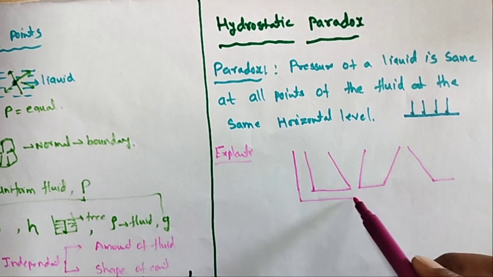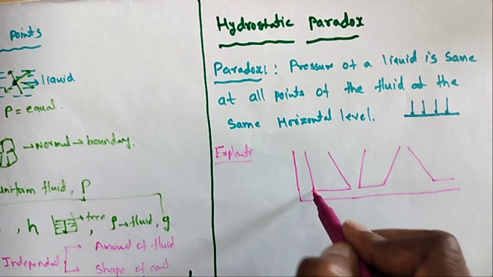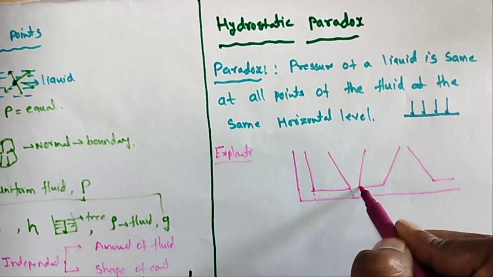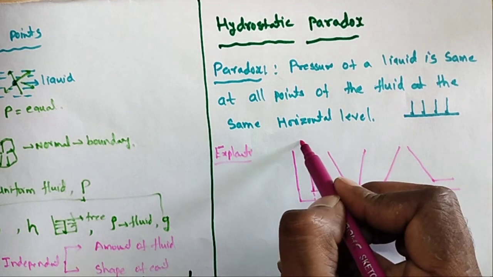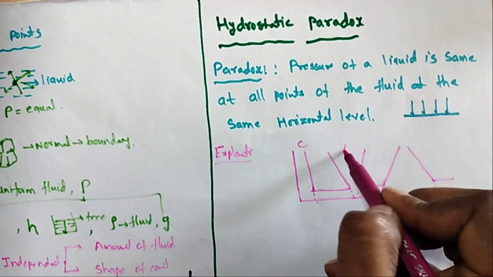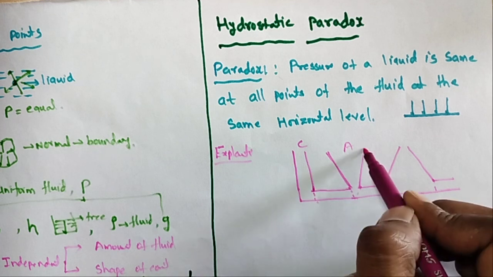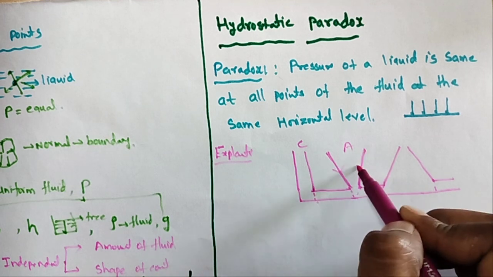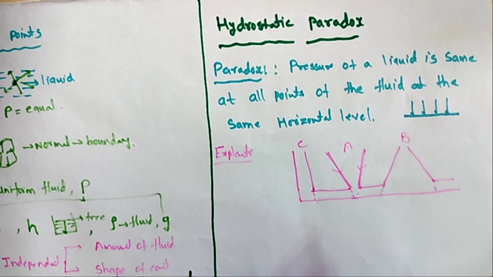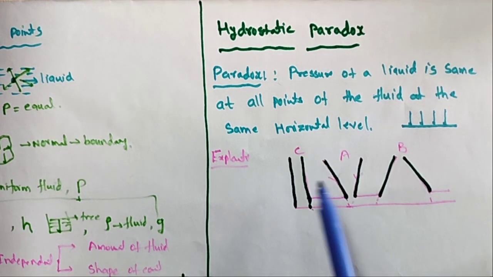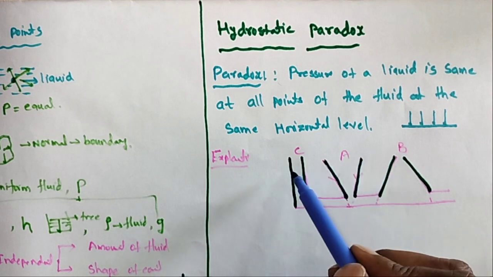This is the pipe. This one is C, another is A, and this is B. Consider three vessels A, B, C of different shapes.